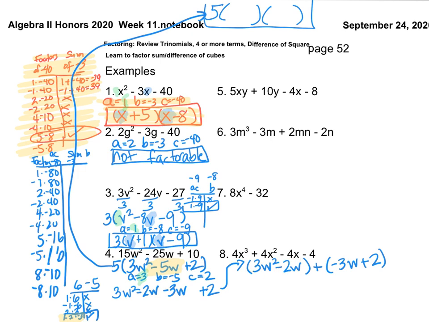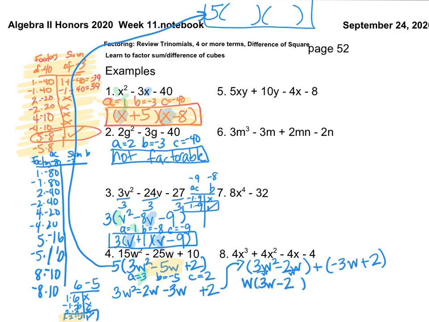Do they have a common factor? 3 and negative 2 do not have a common factor, but w squared and w do have a common factor. That common factor is w. So I'm going to put a w on the outside of the parentheses. I'm going to divide both of these by w, and you're welcome to do that mentally. 3w squared divided by w is just 3w. Negative 2w divided by w is negative 2.